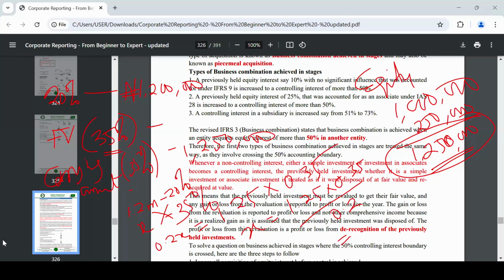This 2,187,500 is what I'm going to use, and I'm going to deduct the 1,250,000. Whatever I have is going to be my profit on derecognition. Is this clear now? Yes, sir. Thank you.